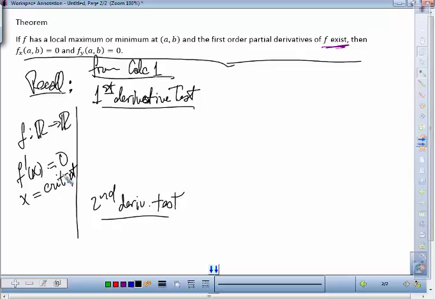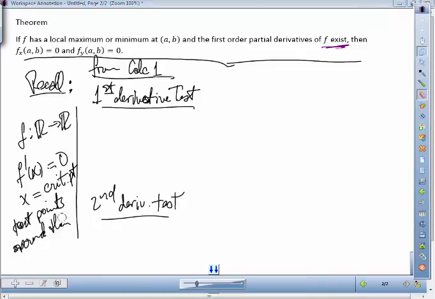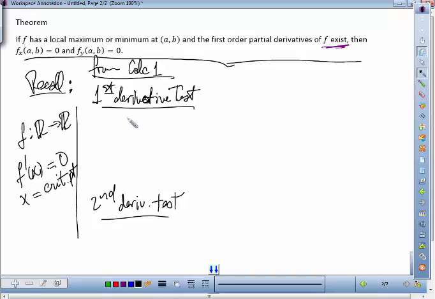So we set f prime equal to 0 and we solve for x, and we find these candidates. I think we used to call them critical points. So we find critical points.